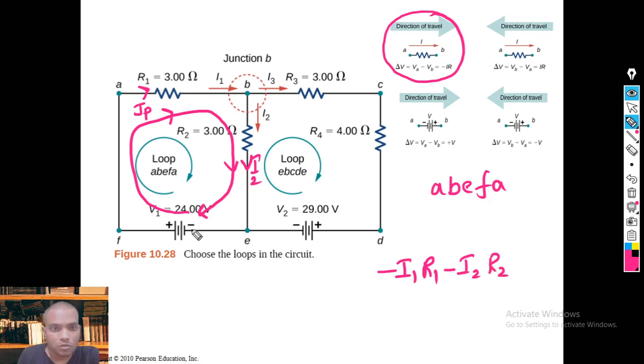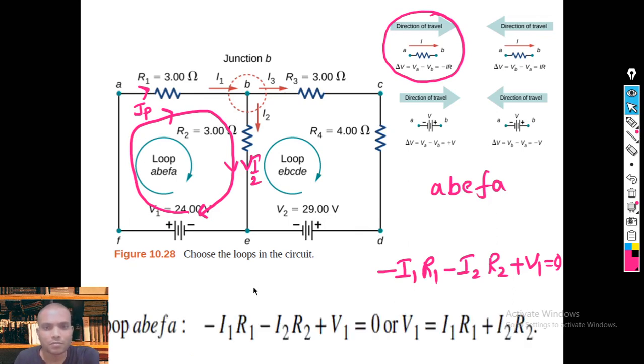Now when it comes to the cell, I am crossing the cell from negative to positive. When I cross the cell from negative to positive, I represent that as plus V1. Everything is equal to 0.